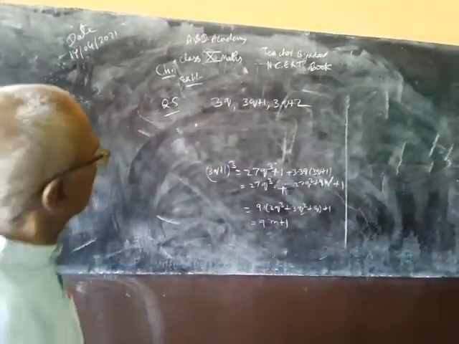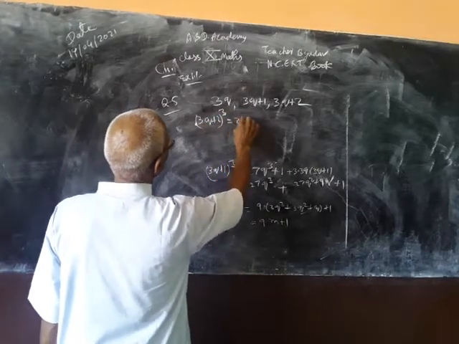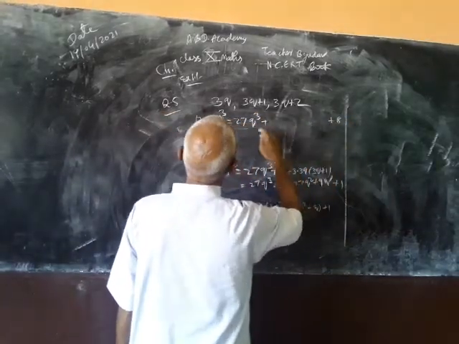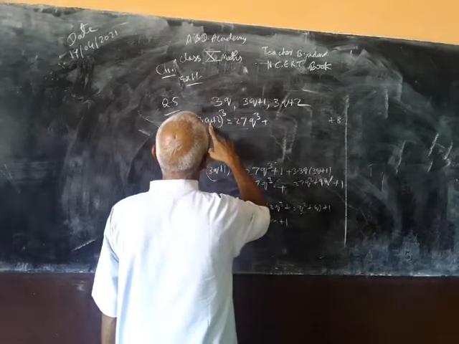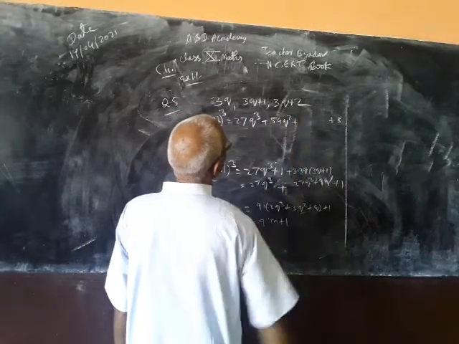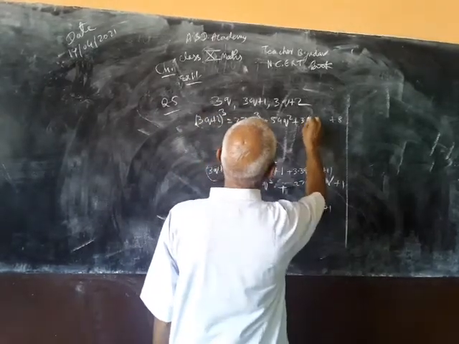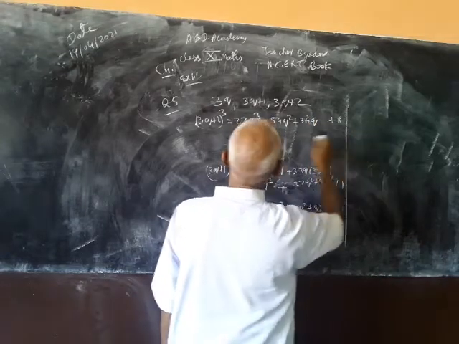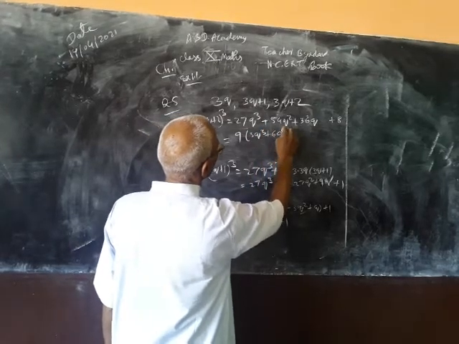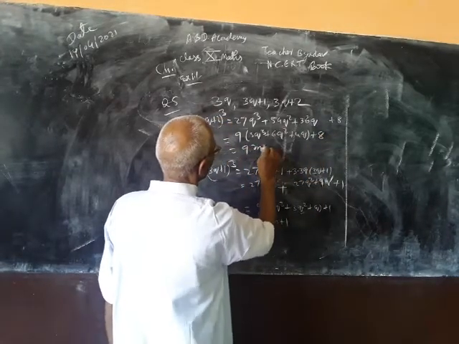Now 3q plus 2 whole cube is equal to, writing directly, 27q cube plus 8 plus 54q square plus 36q. If we take 9 common, then 9 times (3q cube plus 6q square plus 4q) plus 8, which becomes 9m plus 8.